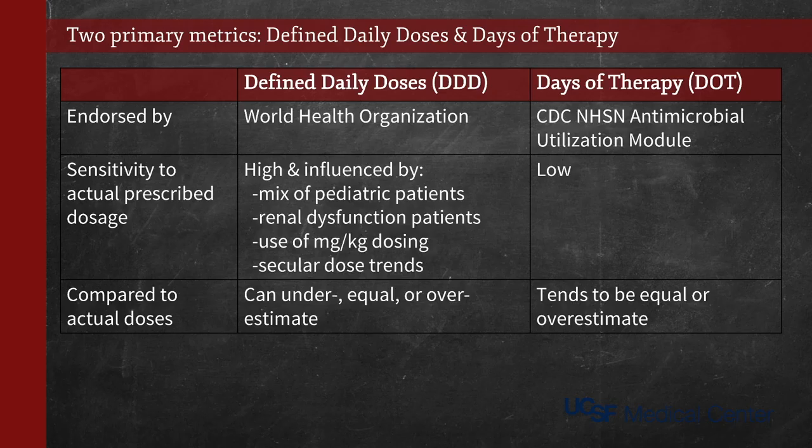However, DDDs, as they are called, are very sensitive to a number of influences, including the mix of pediatric patients, patients with renal dysfunction, use of milligram per kilo dosing, and trends in the dosing of antibiotics. The end result can be substantial and unstable variability between the number of doses used and the DDD results.